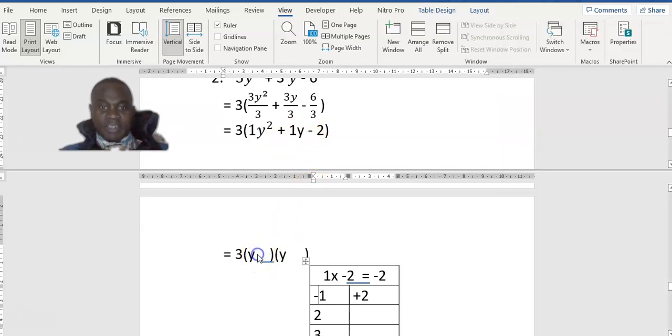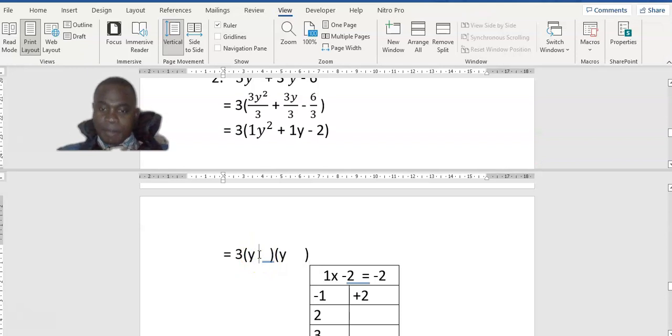So our factors are going to be -1 and plus 2. -1 plus 2. This is what we are going to have. We got our answer now.